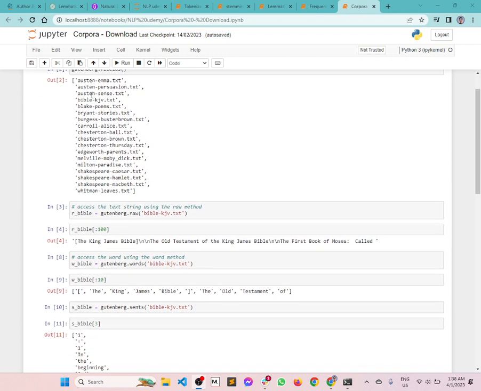From there we extract just one text, which is the Bible.